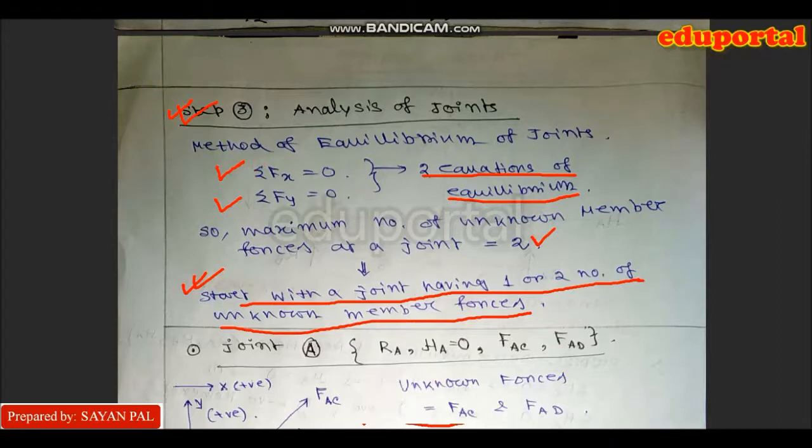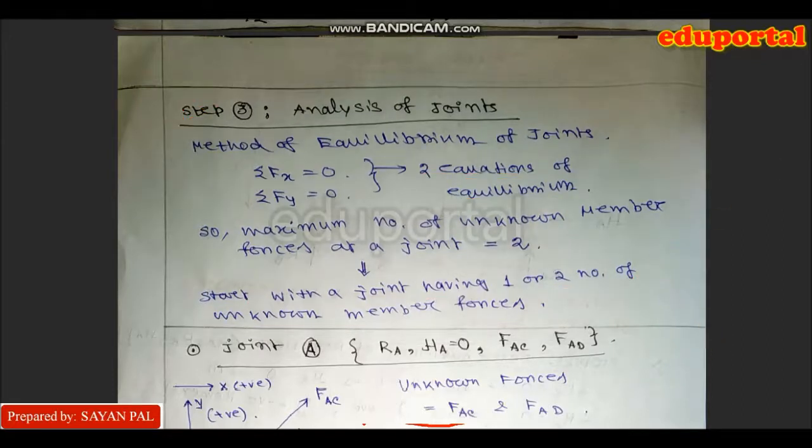If at a joint there are 5 members acting, but the forces in 3 of the members are known, then the number of unknowns will be 2, so it can be solved. But there should not be more than 2 unknown member forces. It is the unknown member forces that are important.